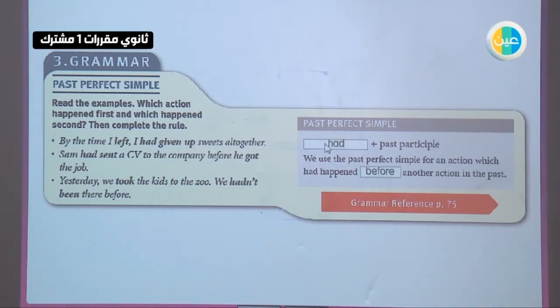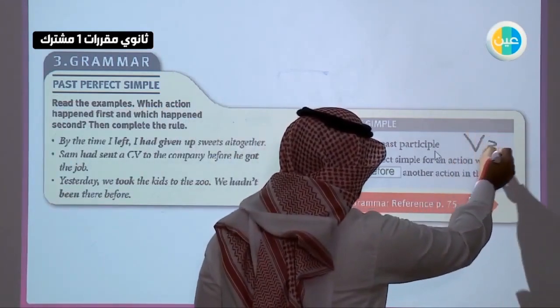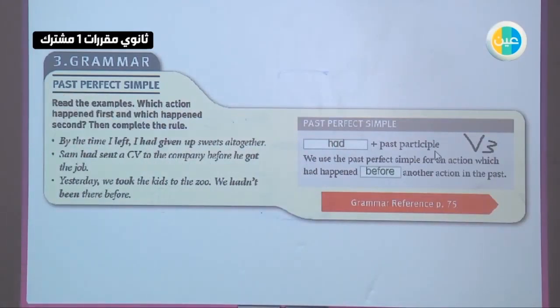After the subject, we have to use had, and then the past participle, or we can call it V3. We use the past perfect simple for an action which had happened before another action. As I told you before, we have two actions. For the first one, we use the past perfect simple, and for the second one, we just use the past.